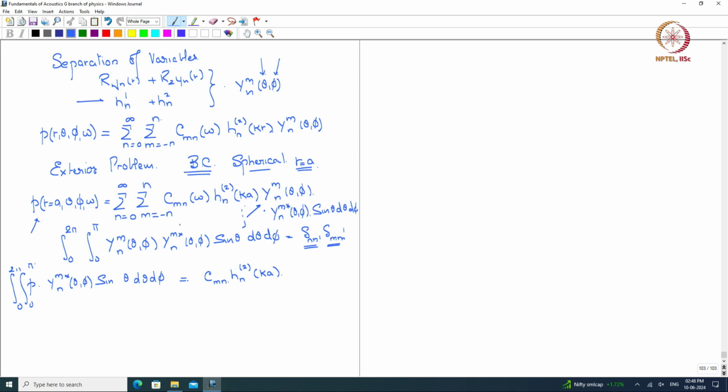Sorry, this should be m dash, this should be n dash. So then out of this total sum a single n and a single m will be chosen, so that I will have a single Cmn and a single Hankel function left out.